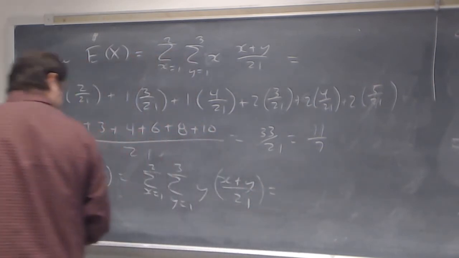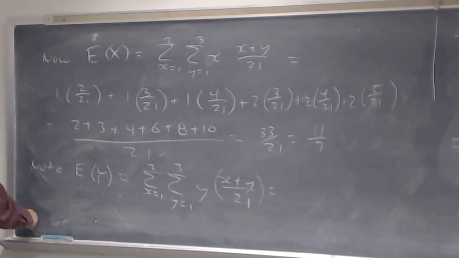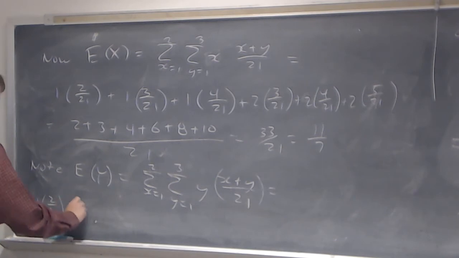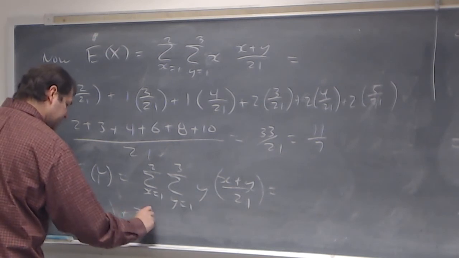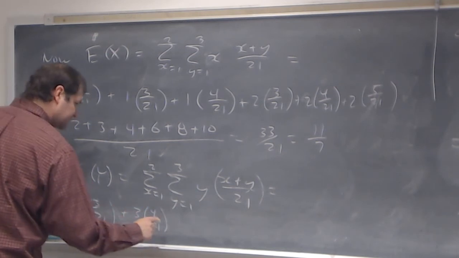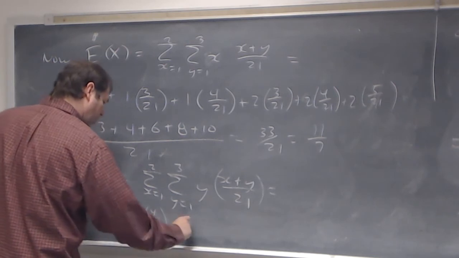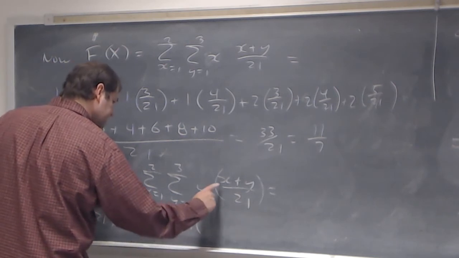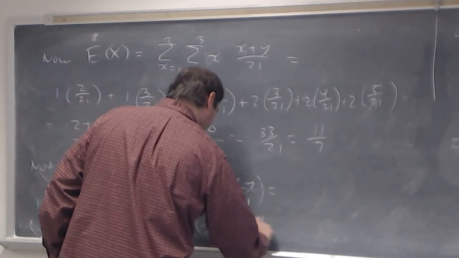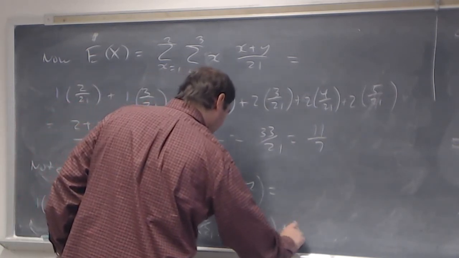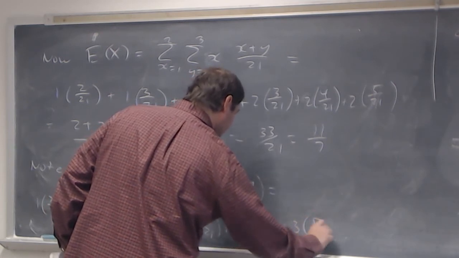When x is 1, we're going to get 1 times 2 over 21. Y is 2, now we have 2 times 3 over 21. Y is 3, so it's 3 times 4 over 21. Now when x is 2, y would be 1, so we'd have 1 times 3 over 21, plus 2 times 4 over 21, plus 3 times 5 over 21.